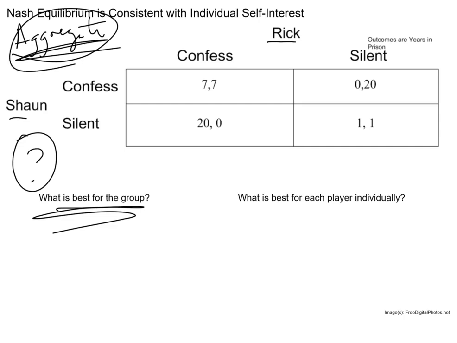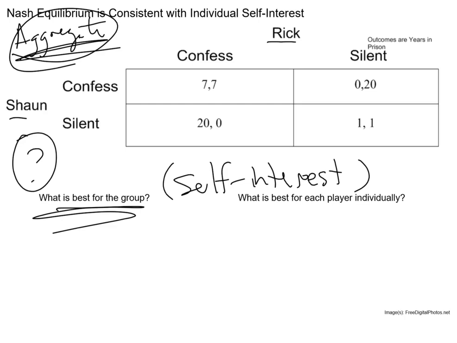But recall, what does Adam Smith say? Does he say that people should be thinking about the group? No, he doesn't. He says that you should be thinking about your rational self-interest. Think about yourself. What are your benefits? What are your costs when you make a decision? Think about how much time in prison you're going to spend.